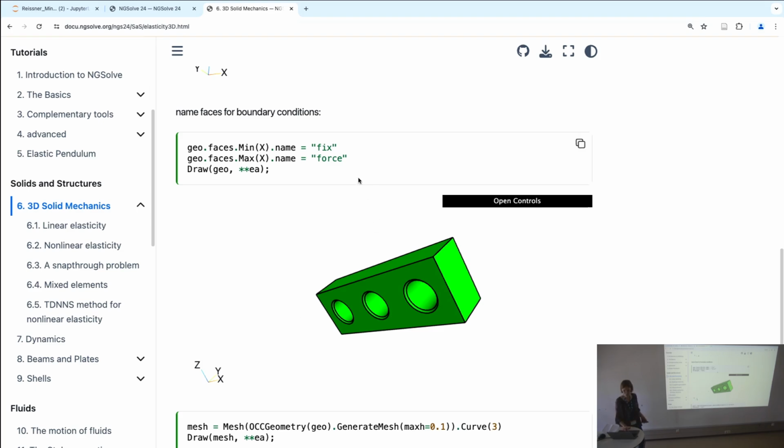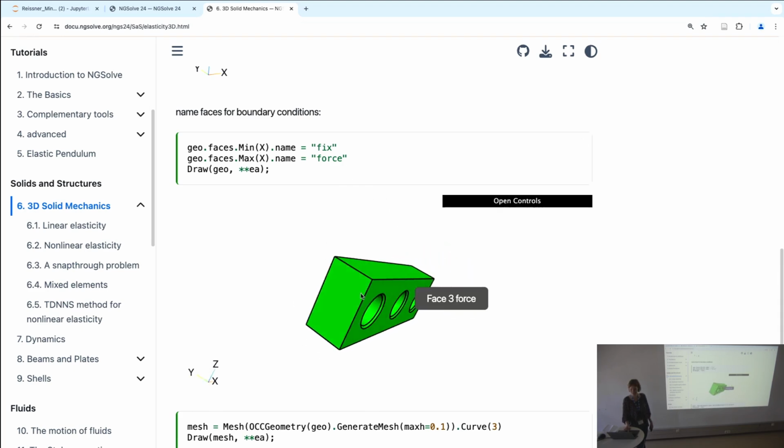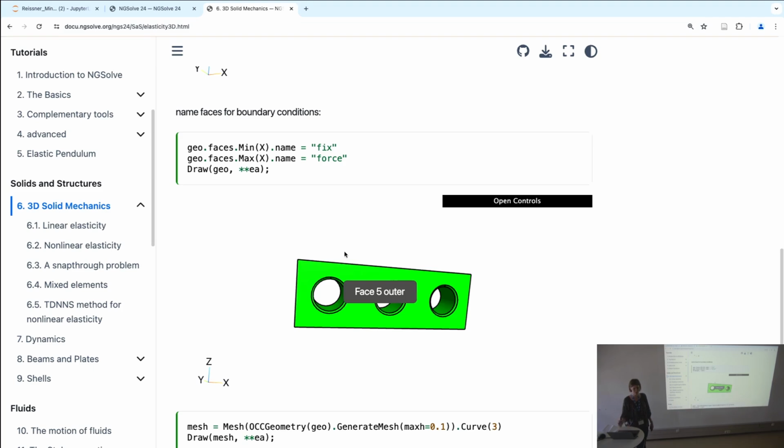And that's what you can do in Open Cascade by simply addressing all faces with minimum, maximum x, y, z component, or all faces with minimal distance to some given point. And if you have done so, you can just click on the face, and very nicely it tells you, okay, I did the correct thing because this face is now called force, just as specified here above. And that one should be called fix, and all the others are something like outer, which was specified somewhere above. So all the others we don't need to address.